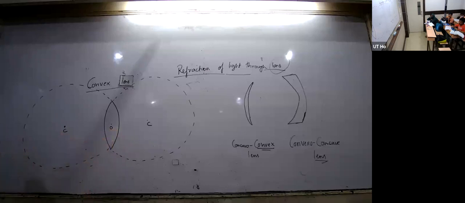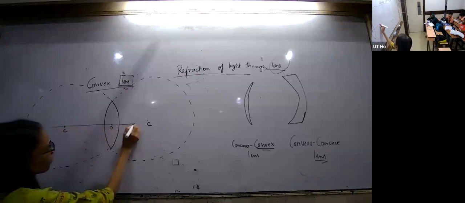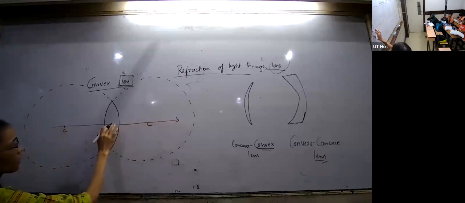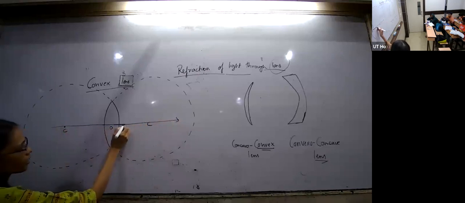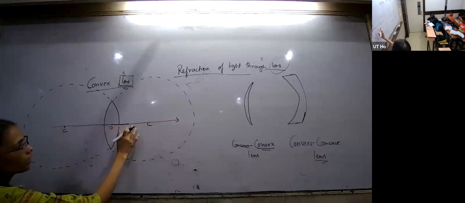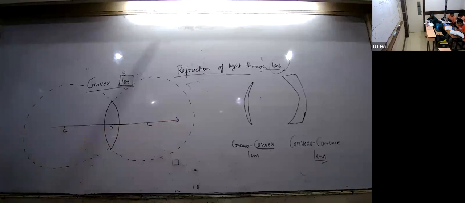What do we call it? Optical center. And the axis which is passing through this optical center and the center of curvature, this line is known as principal axis, the same that we use for mirrors as well. We call it principal axis.